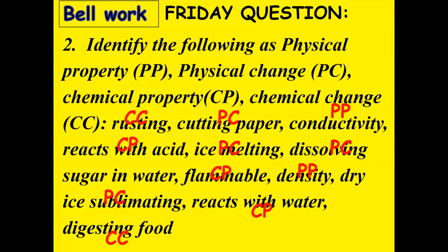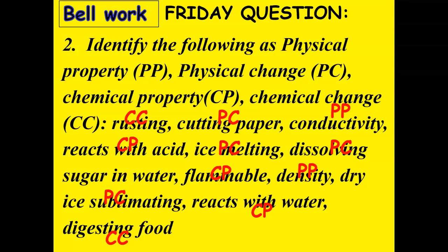If it's something that can be measured or observed, that's a physical property. A chemical property is the ability to undergo a chemical change. So if you see "reacts with," automatically that tells you that you have a chemical property.